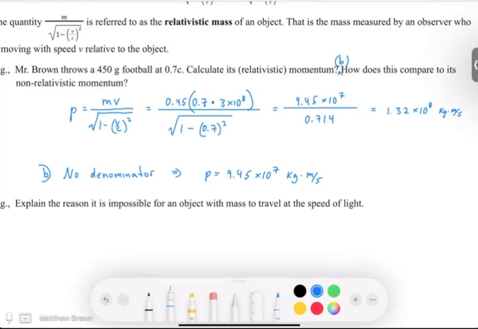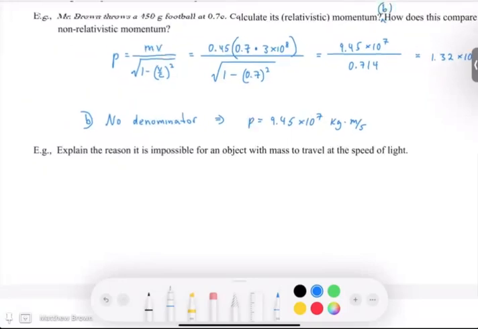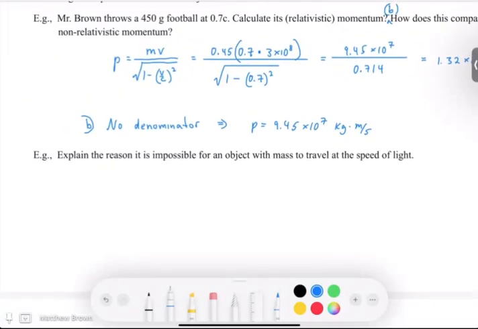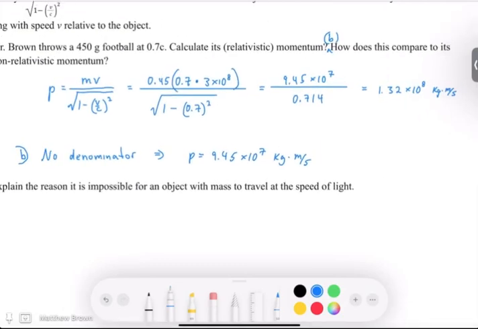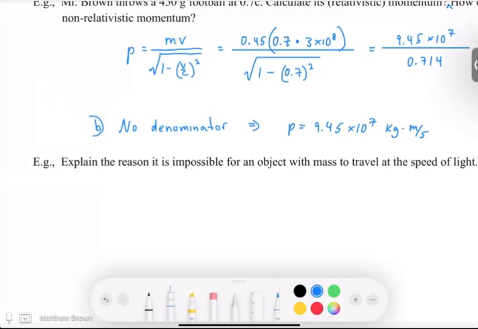And that sort of brings us a little bit to this last question. Explain the reason it's impossible for an object with mass to travel at the speed of light. And I'll just go back here for a second because you can imagine if you were just doing this the regular way with dynamics, Newtonian dynamics, that is, and you were trying to remember, we looked at, recall that, impulse, equal the change in momentum.